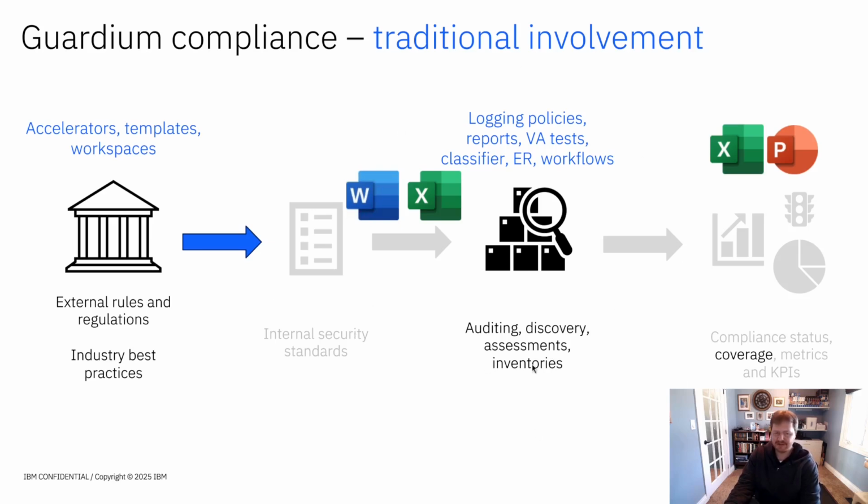Back when I was in services, this was called a requirements mapping document. And then at the end, they would extract data out of Guardium into Excel spreadsheets, and then maybe build some graphs, and then display those graphs in a PowerPoint presentation that they could then show to their management and other interested parties. So that's sort of where customers are right now.